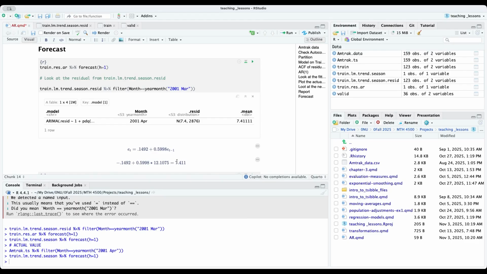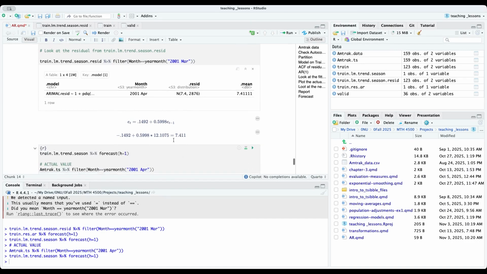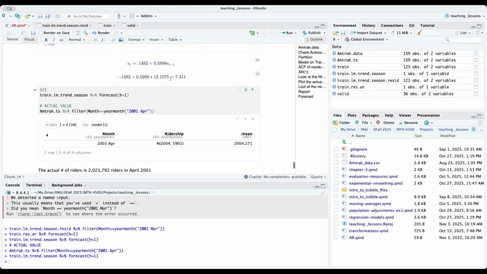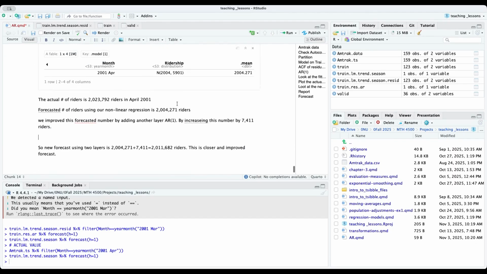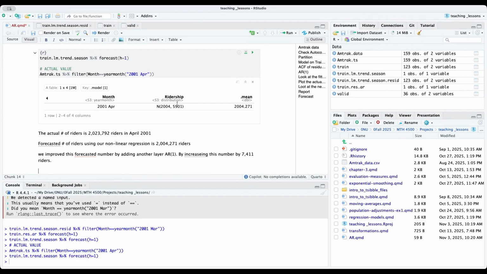That means we can adjust the forecasted value by 7,400 riders. We add it because it's positive; if it were negative, we would reduce the previously forecasted number. So this is the error that we add to our previous forecast using the regression.